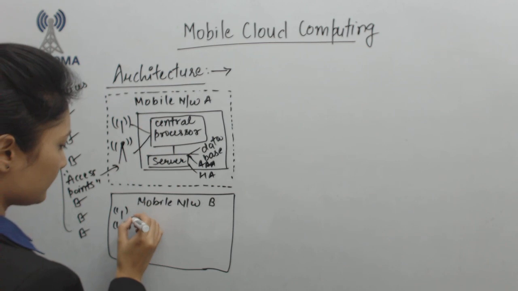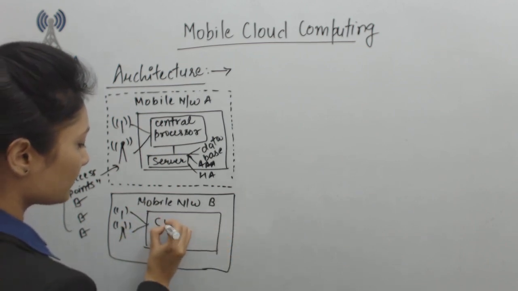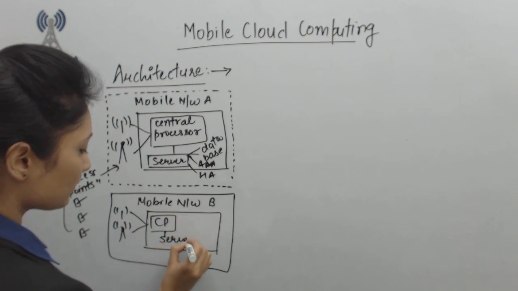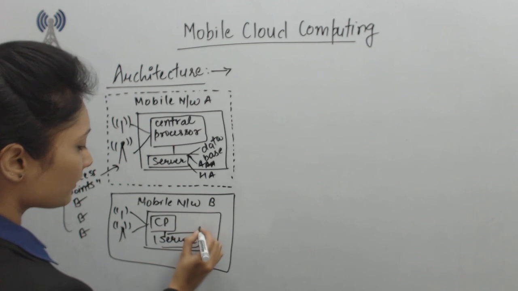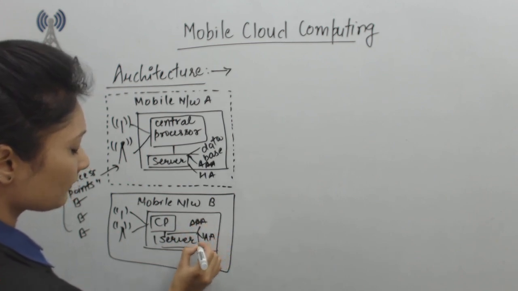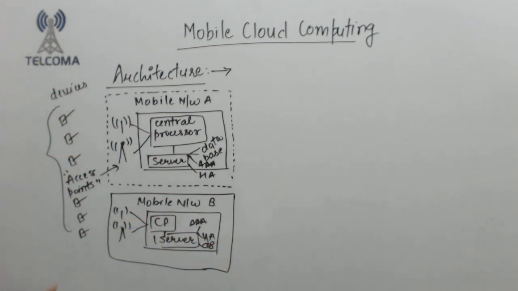Similarly, in this mobile network, the access points will be connected to the central processors, the server, and the various databases. So this becomes the one scenario of how these devices are connected.